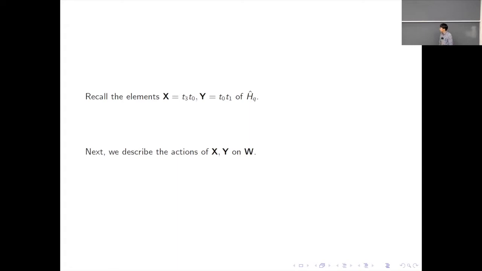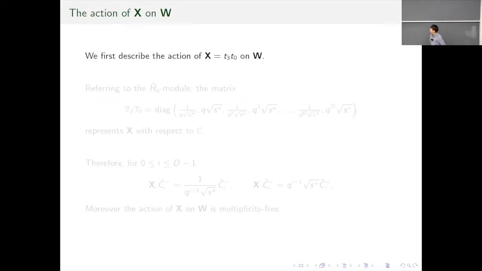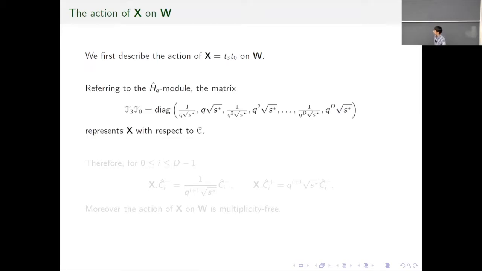Okay, then earlier we defined the two elements X and Y. What is the action of X and Y on W? Recall X is T3 T0, and earlier we saw that the matrix T3 T0 is a diagonal matrix. So this matrix represents our element X with respect to C. The action of X on each characteristic vector ci minus hat, ci plus hat is just this, as you see there.